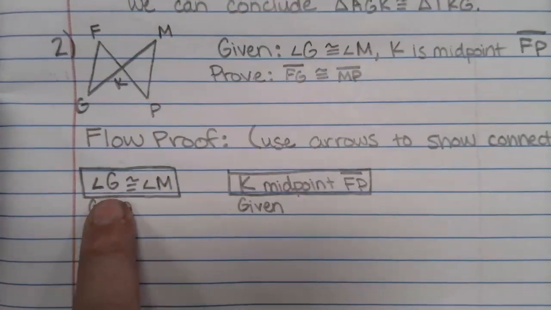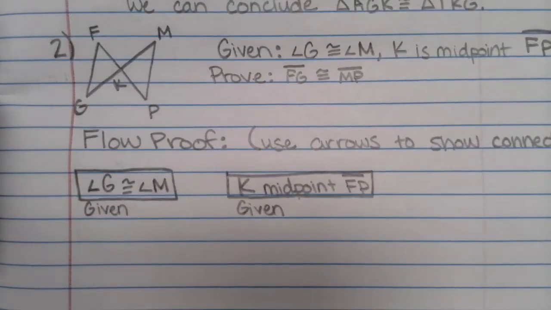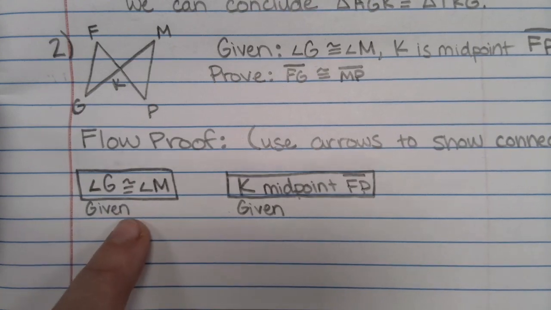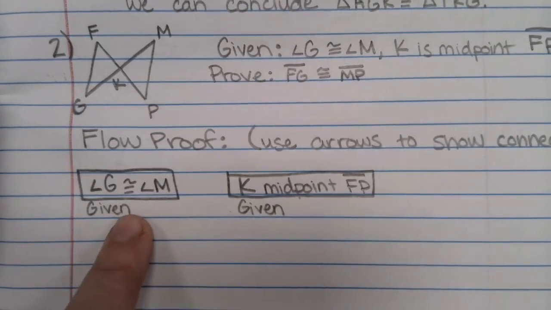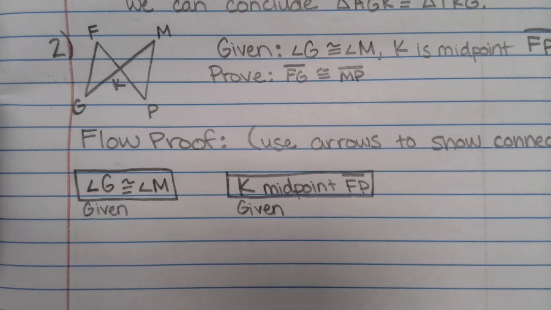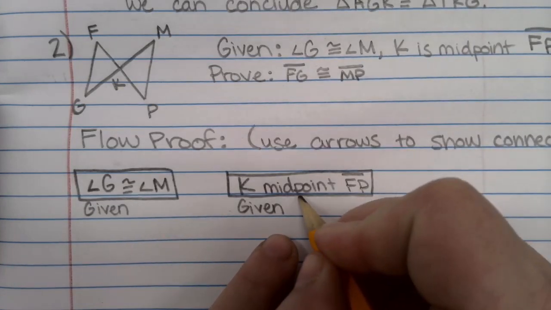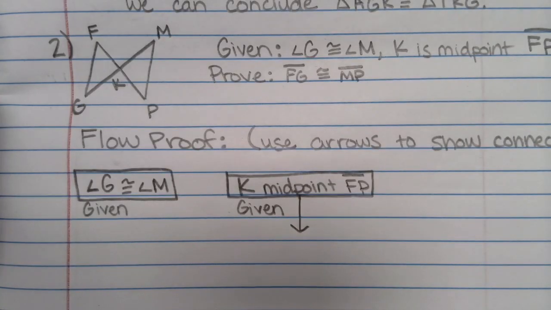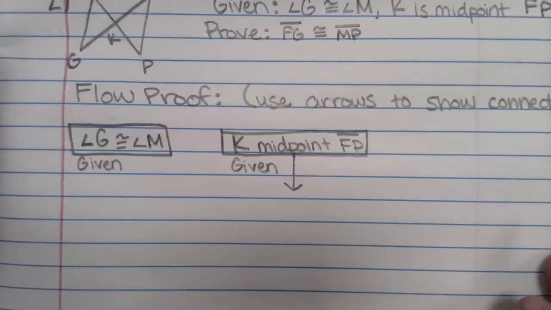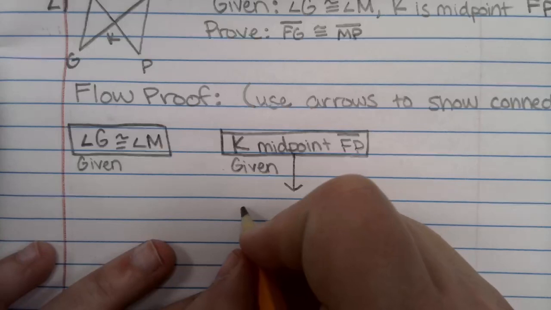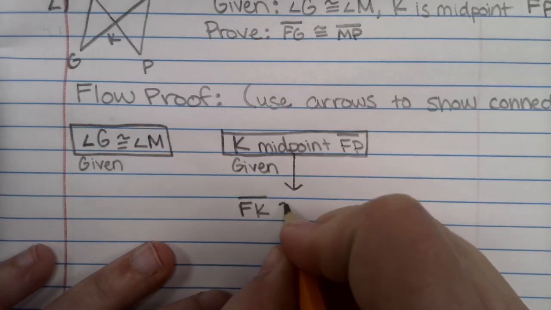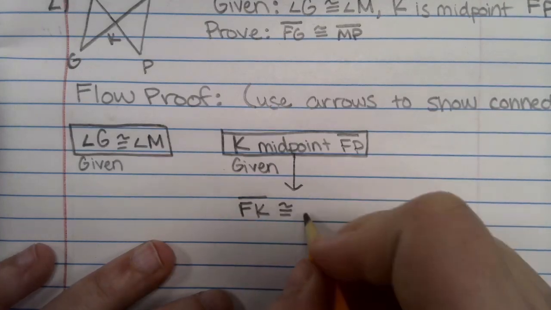So did I use both of these givens to come up with that conclusion? No. Which one did it come from? Did we know that they are congruent because the angles are congruent or because we have a midpoint? Midpoint. So just from this one, I'm going to draw an arrow to my next reason because it only really comes from that part. That statement leads us to saying that FK is congruent to KP.